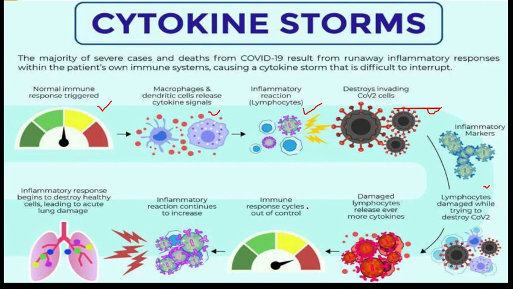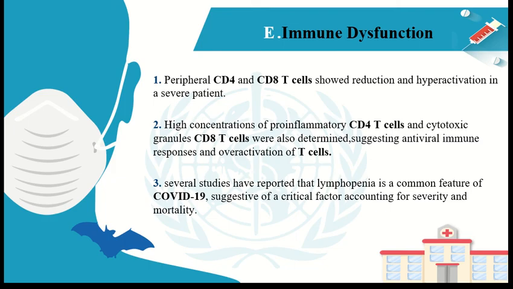Cytokine storm means that more cytokines are released and the immune response cycle is out of control, and then the inflammatory reaction continues to increase, and this inflammatory response begins to destroy healthy cells, leading to acute lung damage. And you can see in this figure that there is acute lung damage.